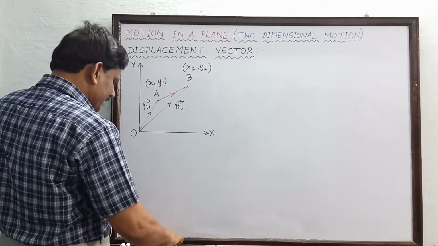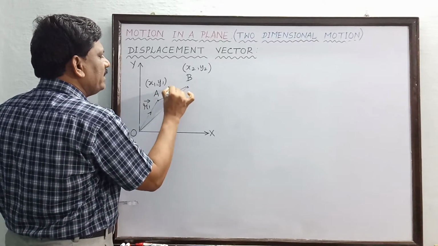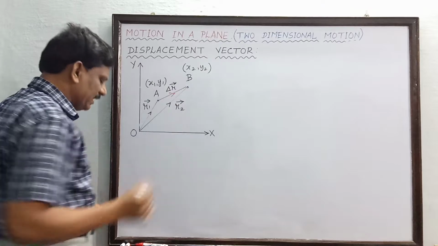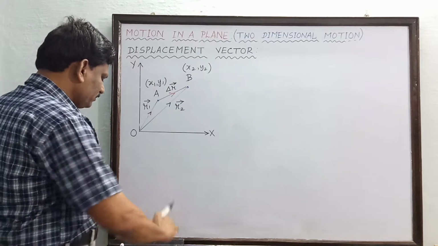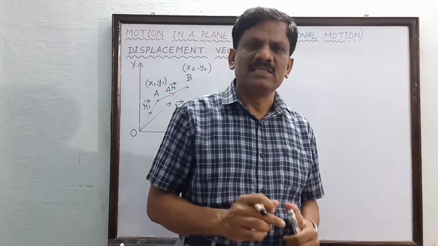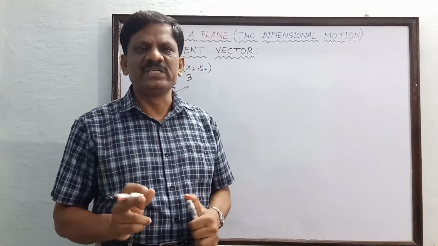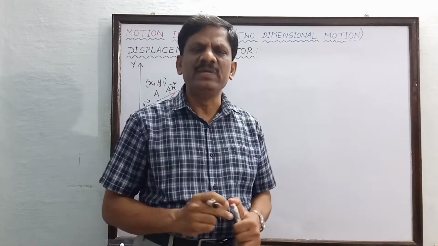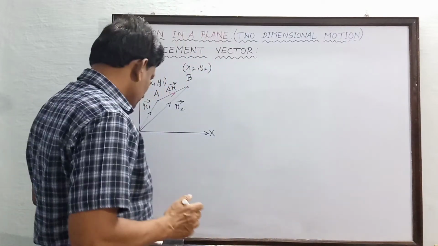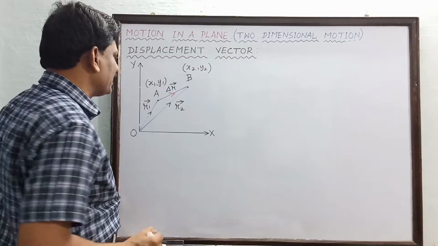This vector AB only is called the displacement vector, which is denoted by delta R vector. So here the displacement vector is the vector between the initial position A and the final position B of the particle. Now we are going to derive an expression for this displacement vector.